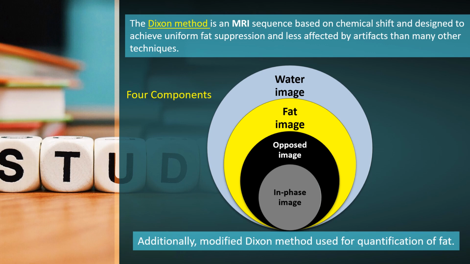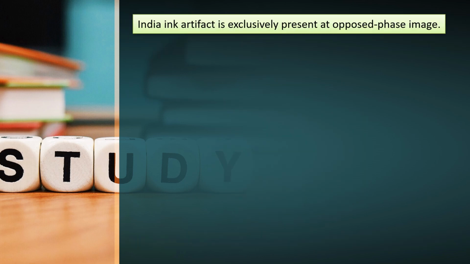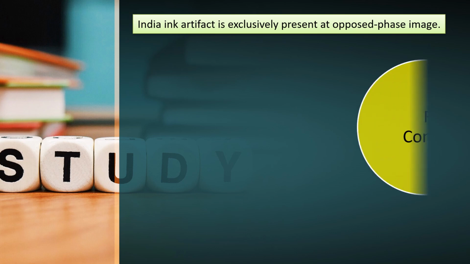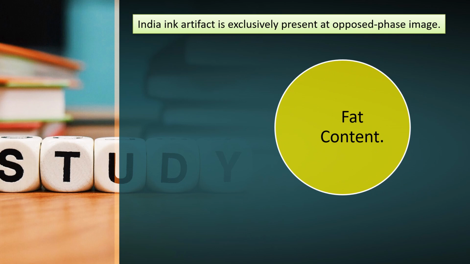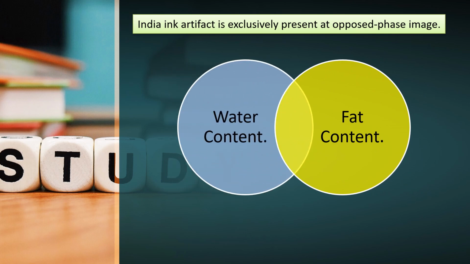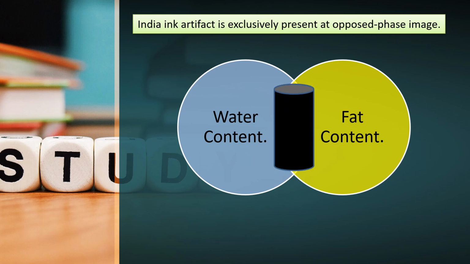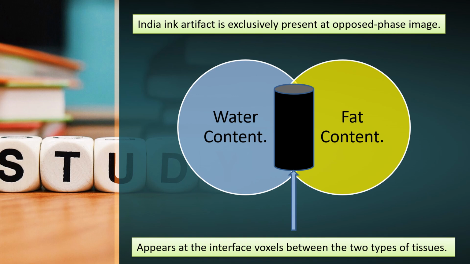Additionally, modified Dixon is used for quantification of fat. The India ink artifact is present only on the opposed phase image, and it's formed when there are two tissues, one with mainly fat content and the other with mainly water content. This artifact is formed at the interface between the two types of tissues.